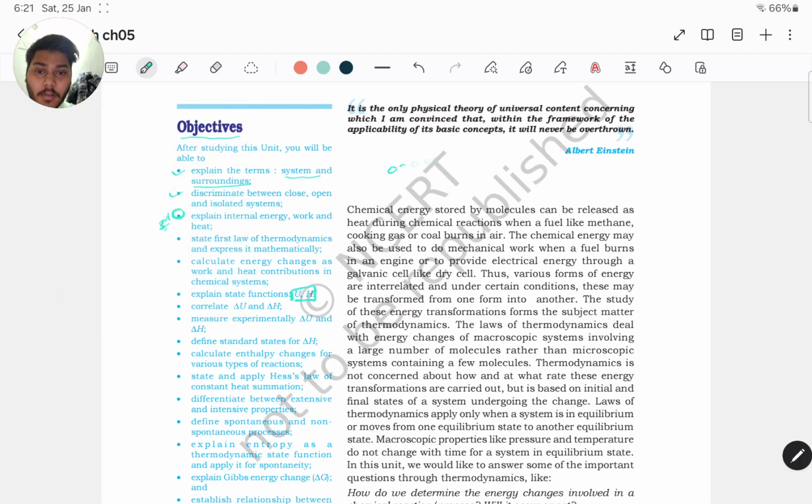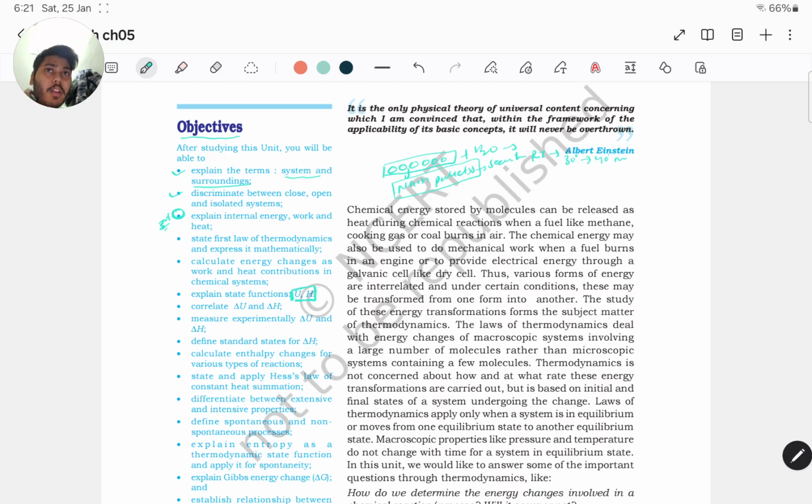These are the chemicals, the NaOH pellets, which are solid. When we add some water to that, the temperature suddenly changes from room temperature to around 30 or 40 degrees Celsius or more.